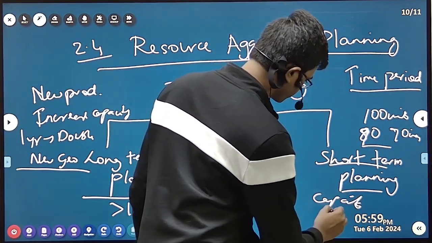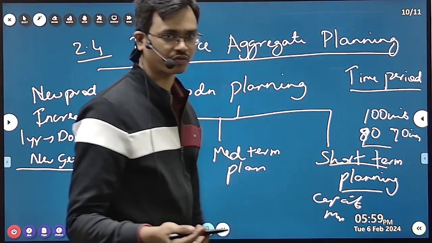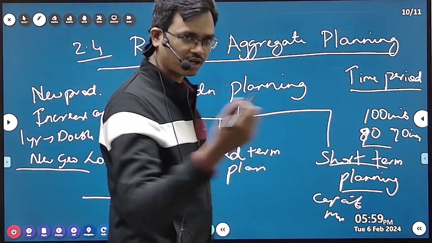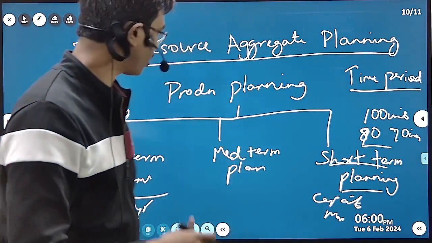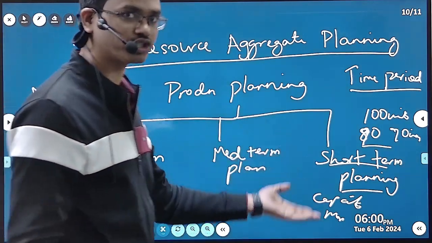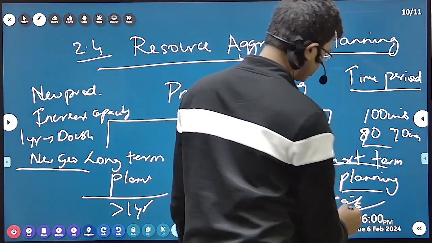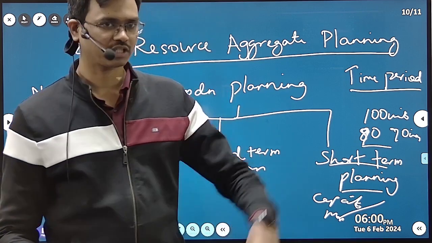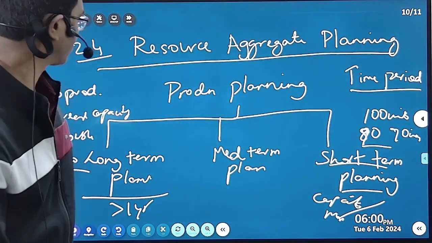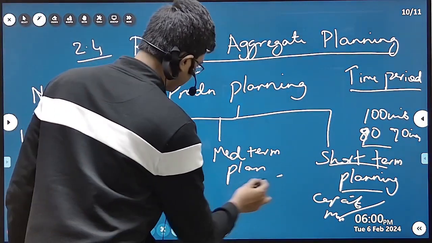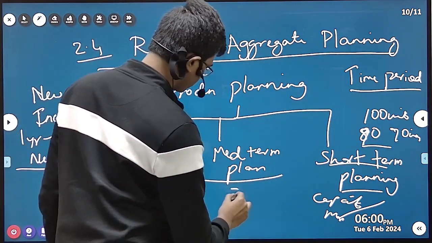You have to give them shifts to work. If somebody of your workforce is on leave, you have to find an additional or alternative resource to do their job. So this is short-term planning. This is very minimal, like the next order or the next lot batch production. But medium-term planning is 3 months to 1 year.